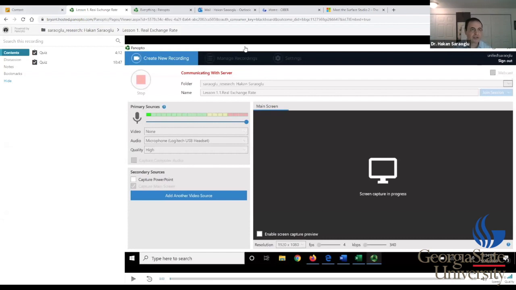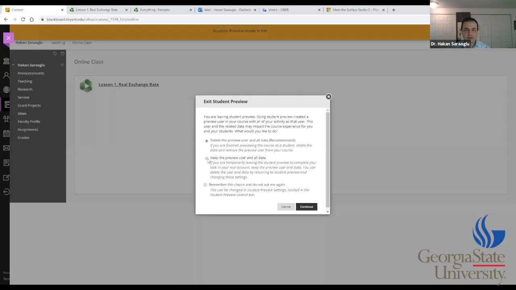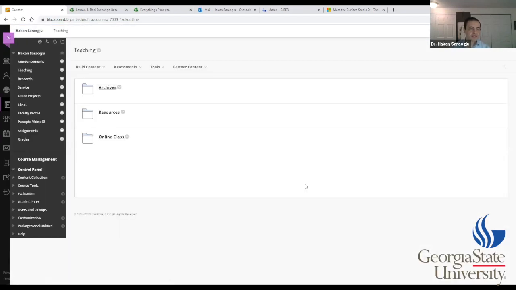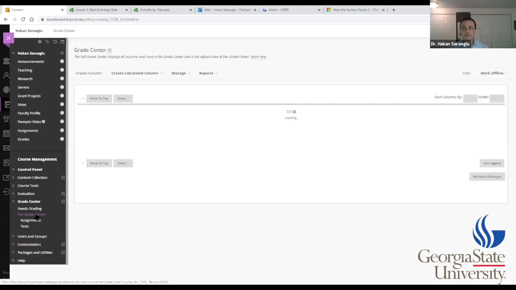So what I'll demonstrate here is I'll go to the Blackboard site again, and with that, I'll exit the preview from the student, and I'll keep the data from the preview. Now is the important point that I'd like to illustrate further. I can go to the Grade Center, and the full Grade Center will show.